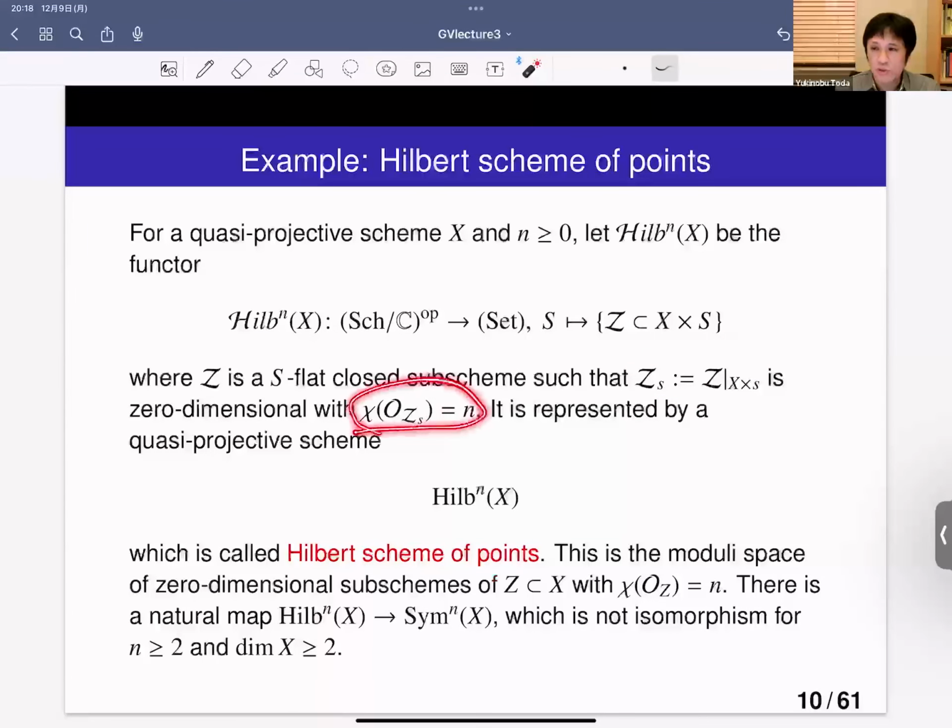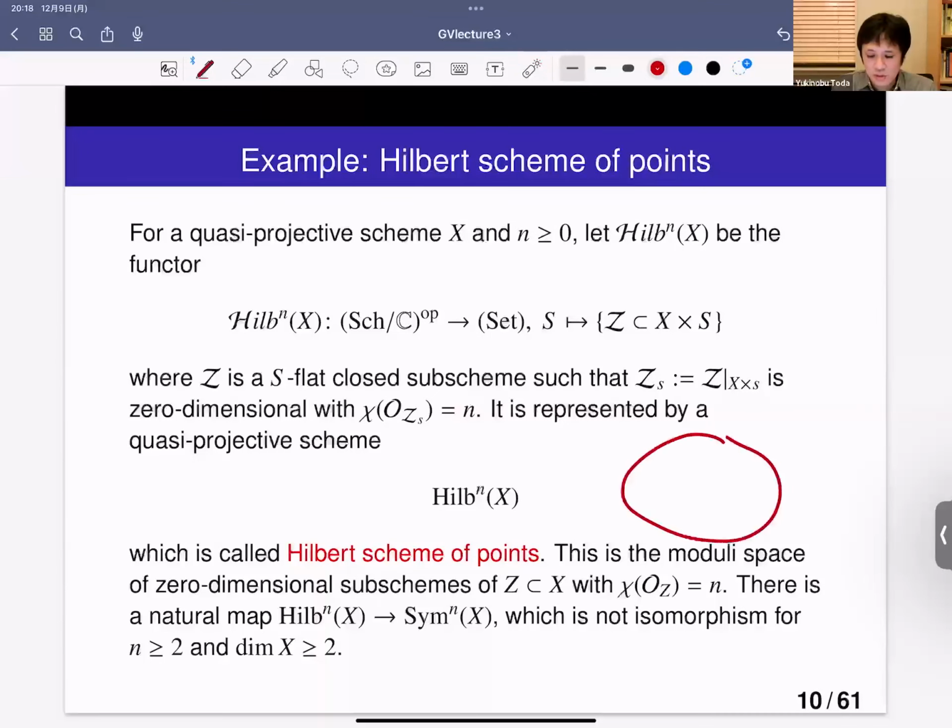So generically this means something like a set of n points, like the closed subscheme corresponding to the points.